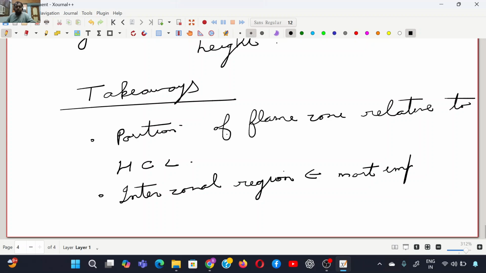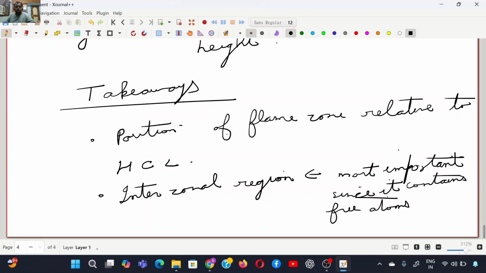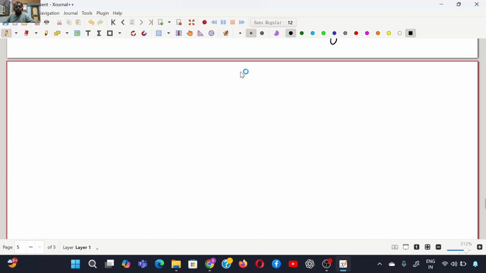Why is it most important? Because it contains maximum free atoms, the middle part of the flame. And most AAS equipment has this burner height adjustment, so this is a very key optimization parameter.